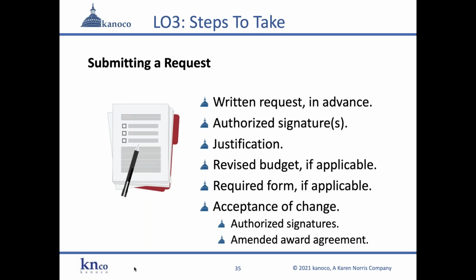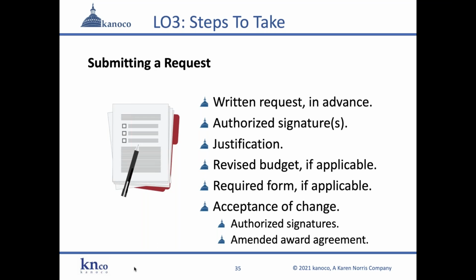Now, some recipients will have the project director sign first. When it finally gets to the president or the superintendent or the provost or the CEO of the organization that received the award, they're going to want to know that the project director is in the loop.